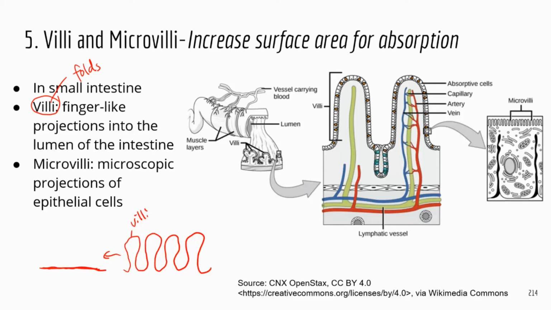Now we have additional structure, more kind of microscopic structure that can further increase the surface area. Now what happens is here, I'm going to use this diagram right here. So we can see these are villi, right? Now, if we just focus on one of the cells, so let's say we look at this cell right there.